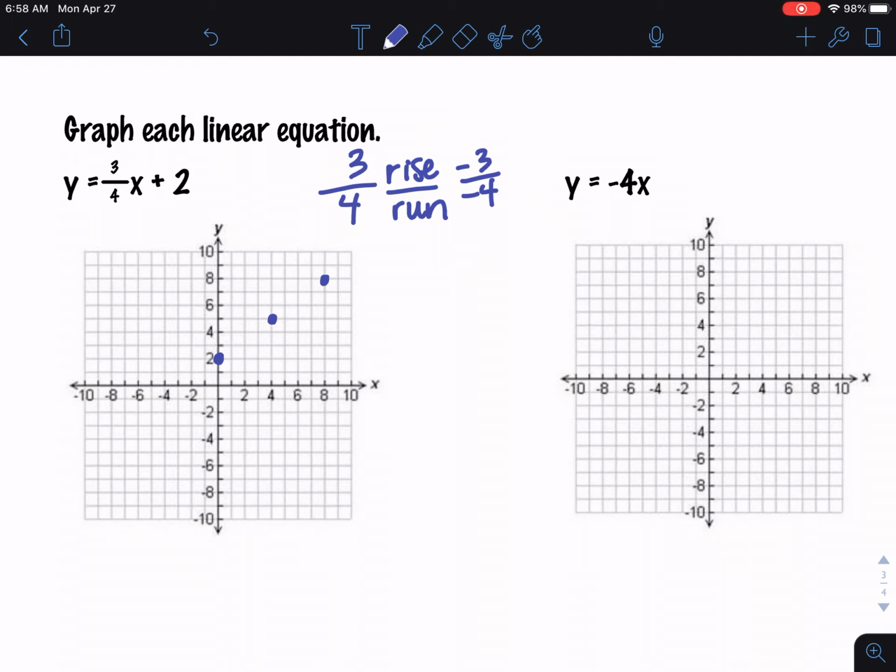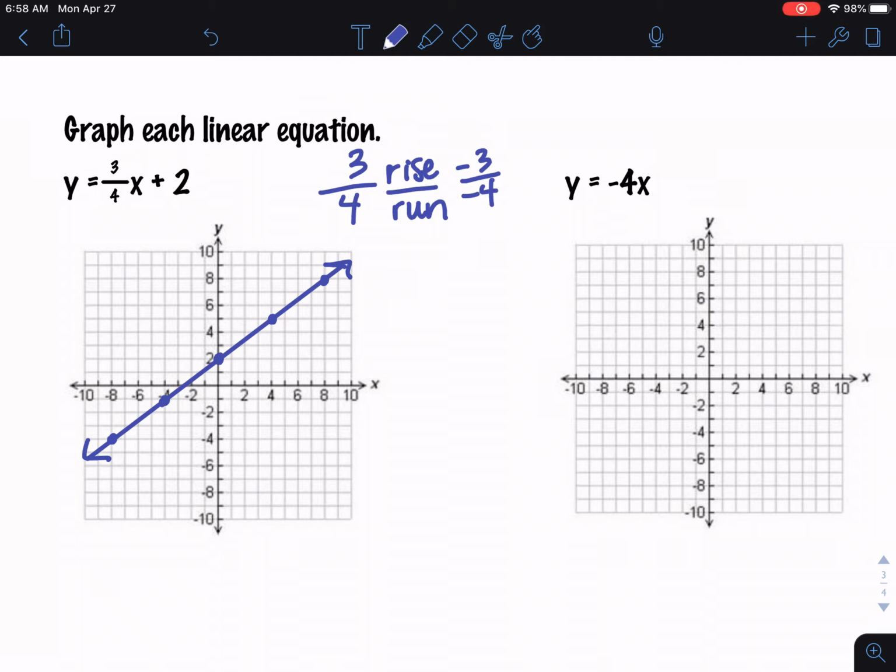So I can also start from that y-intercept and go down 3 units and 4 to the left, and you'll see that I'm still directly in line with my blue line. And then I'm just going to connect each of these points with a line. Remember, lines continue on in both directions, so I am going to put arrows on both ends.